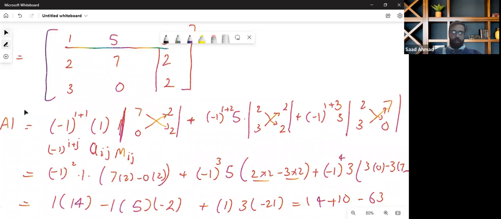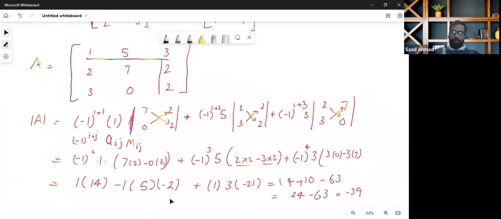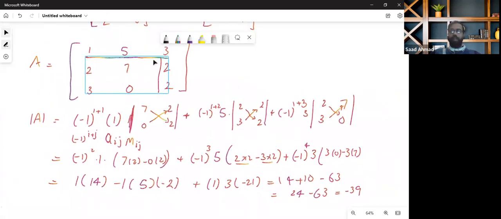So all we are left with is to add them. 24 minus 63 will be minus 39. So that's the determinant. The determinant of this matrix A that we had is minus 39.